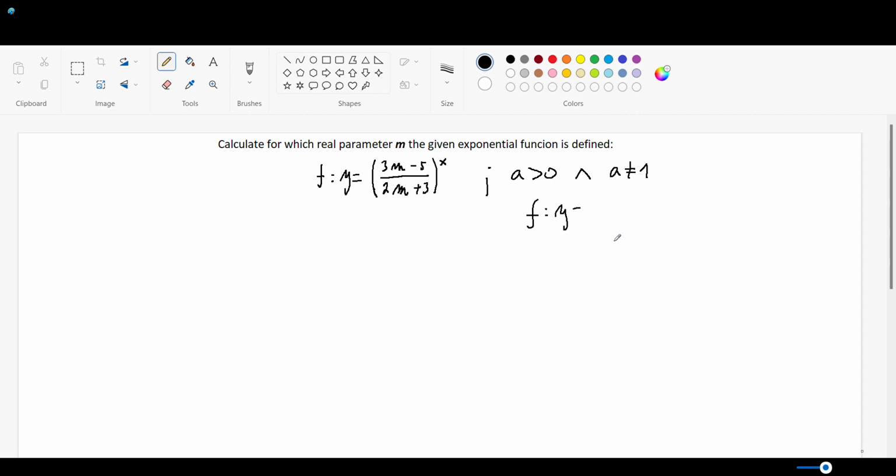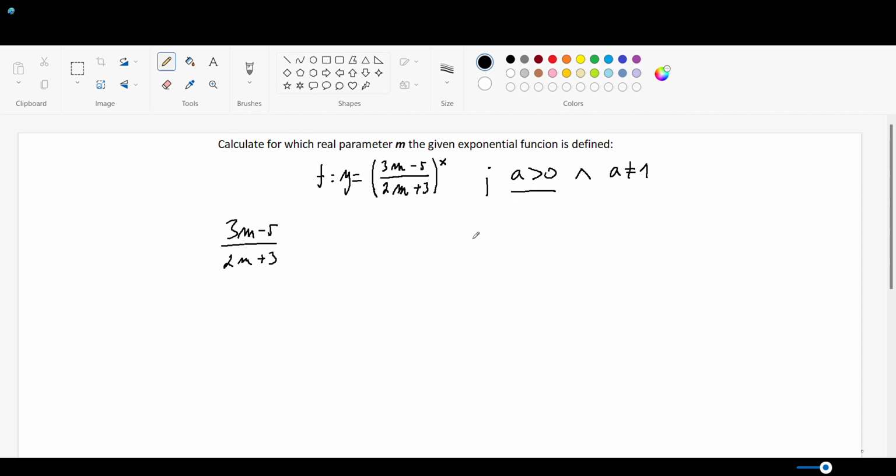Okay, so having this in mind, we will now solve one inequality and one equation. In our case, the base is everything that is written in the brackets. So it's going to be 3m take away 5 over 2m plus 3.